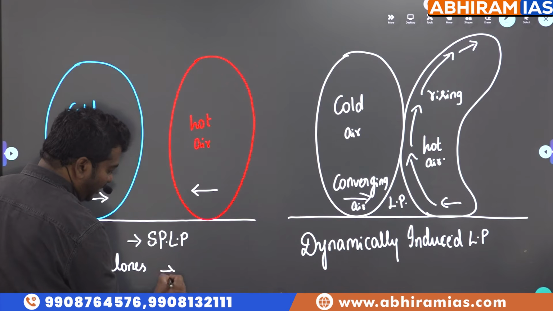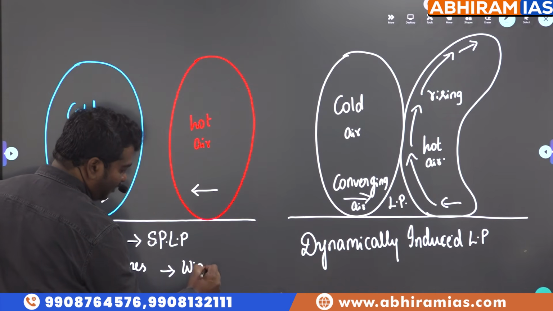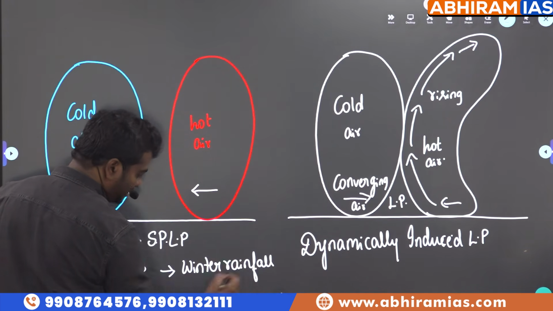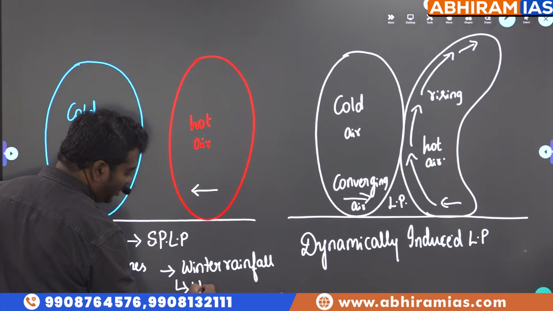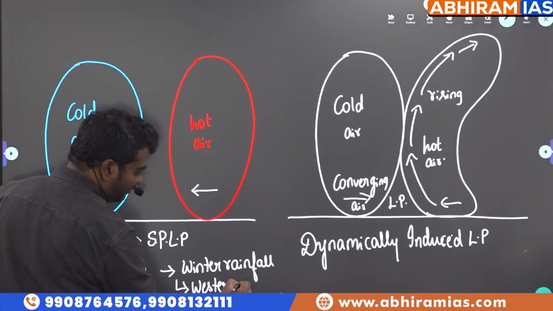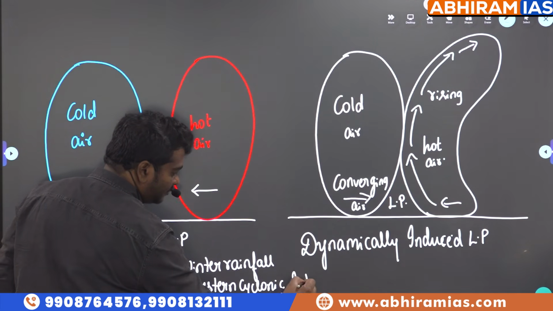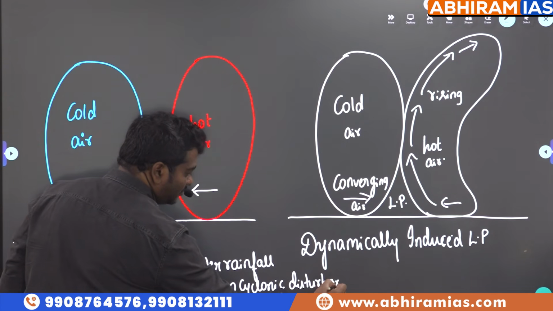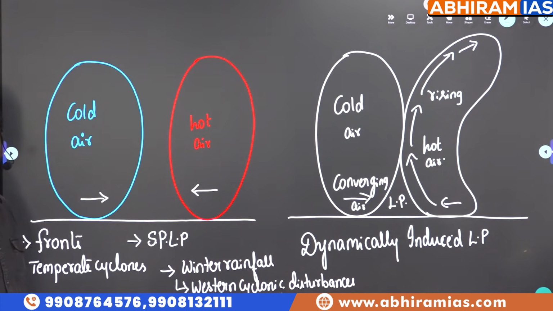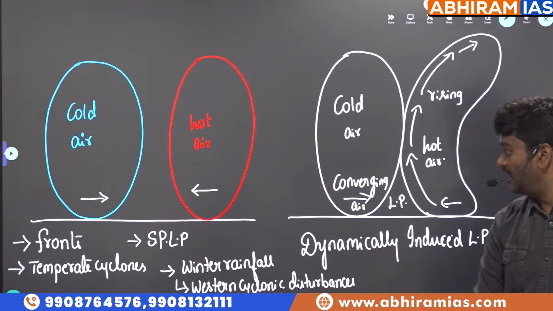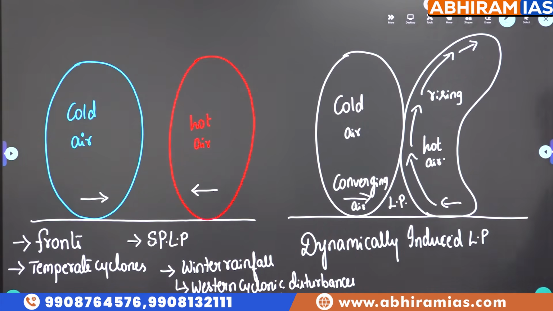In India, winter rainfall is associated with dynamically induced low pressure. I hope you are aware about a term called Western cyclonic disturbances. Okay, Western cyclonic disturbances in winter season gives rainfall and it is associated with dynamically induced low pressure.